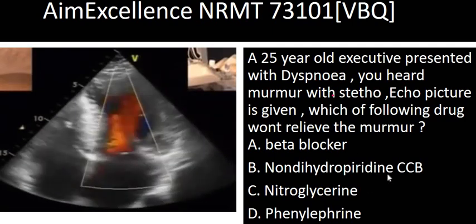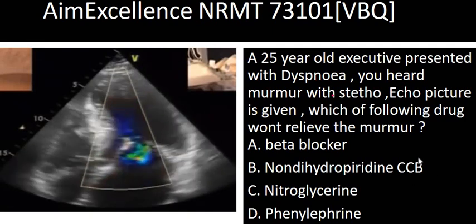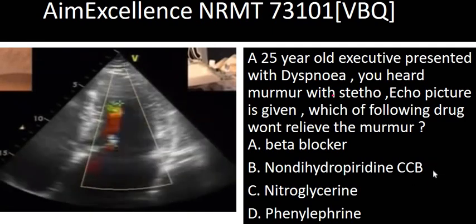Also a non-dihydropyridine CCB, because it is going to decrease the heart rate and also act as a negative inotropic agent. We can give phenylephrine as it is going to increase the aortic impedance and decrease the intensity of the murmur, but not nitroglycerin, because nitroglycerin is going to decrease the ventricular volume, which is going to increase the intensity of the murmur.